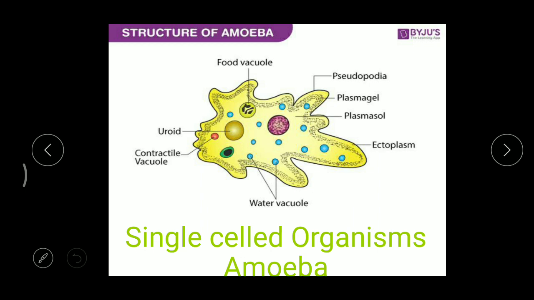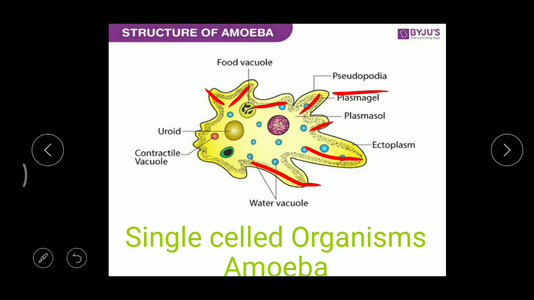Even though it is made up of a single cell, all the activities are carried out by the same cell. If we carefully observe this amoeba, we can find some tube-like structures. What are these? These are called pseudopodia.